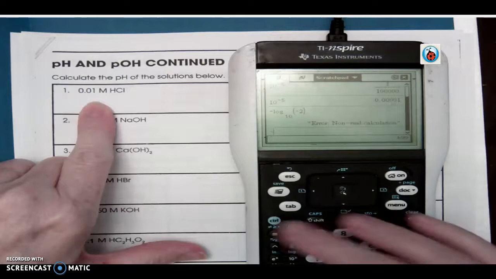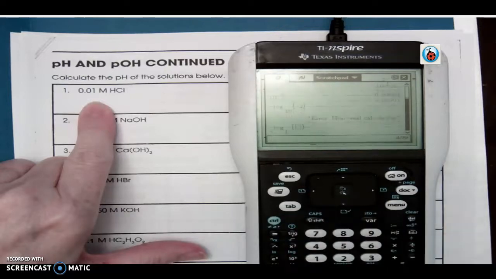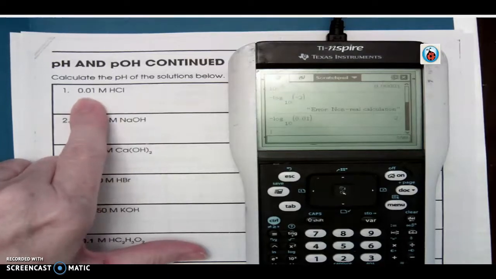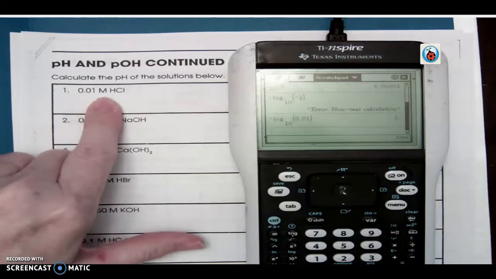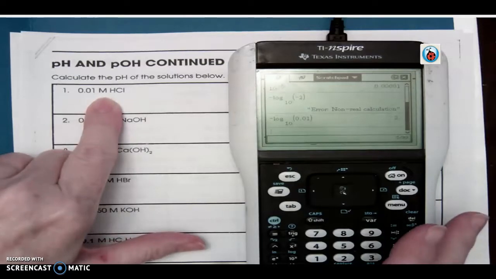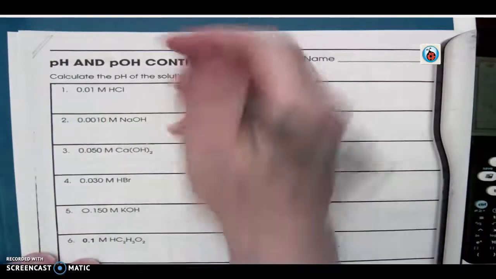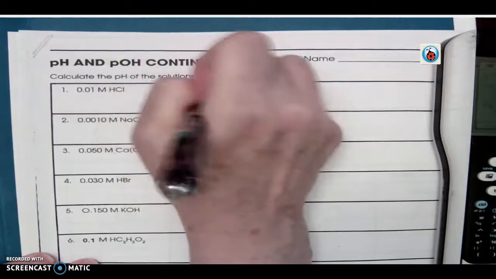Negative, control, log, and what's my concentration? 0.01. So I need to arrow over into my box, and I'm going to go 0.01. Okay, negative log of my concentration, and I'm going to hit enter. It says that the pH with a concentration of 0.01 molar is 2. So pH equals 2.